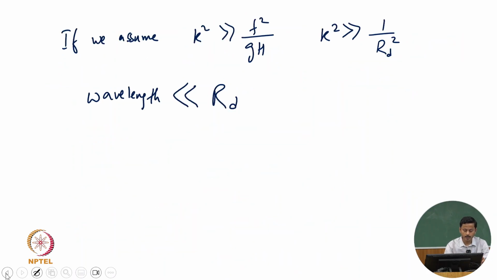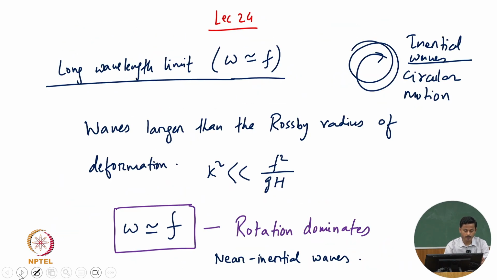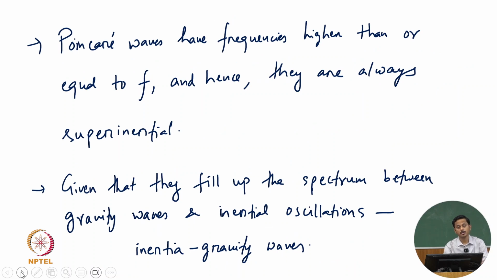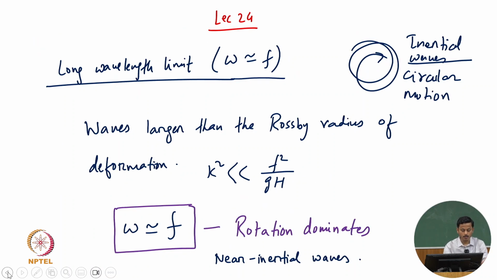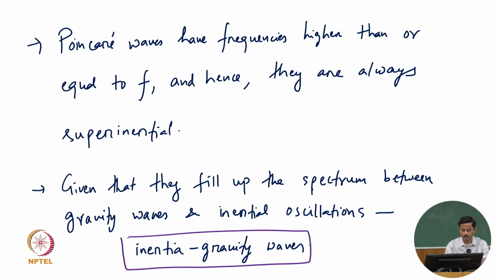One where it does not feel the effect of rotation, where the phase speed is equal to the shallow water gravity wave speed, and the other where the frequency is about equal to the Coriolis parameter, the Coriolis frequency. They fill up the whole spectrum between gravity waves and inertial waves, and hence they are called inertia gravity waves.